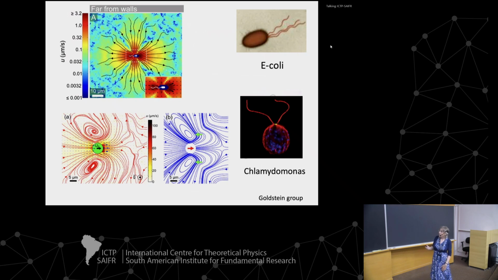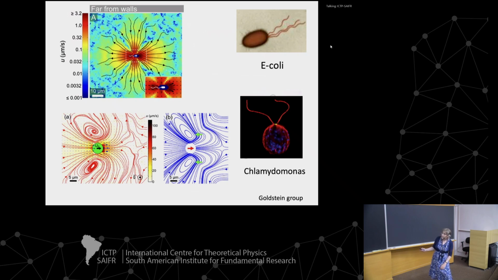If you look at the far flow field a long way away, again you see this symmetry, but now it's in from the ends and out from the sides, as long as I'm looking a long way away from that swimmer. So this is called a contractile or puller swimmer. Extensile is arrows this way, contractile is arrows the other way. I'm going to come back to that a lot, which is why I'm emphasizing this now.